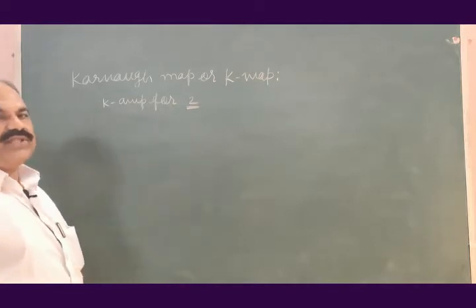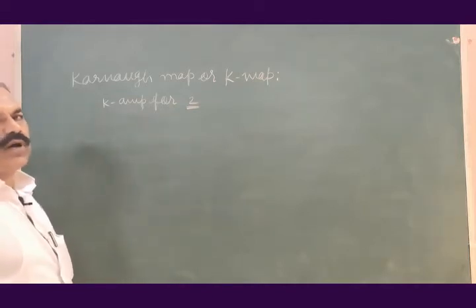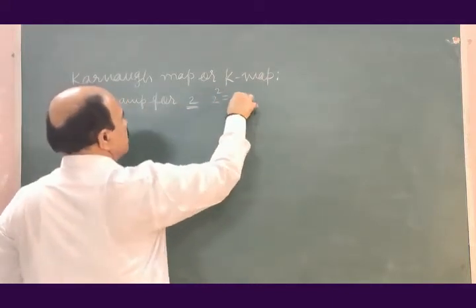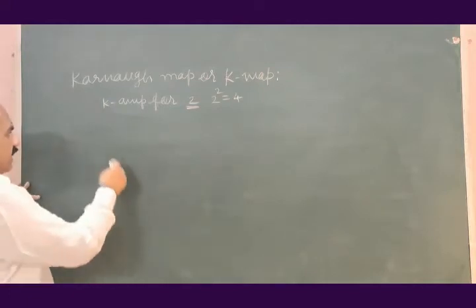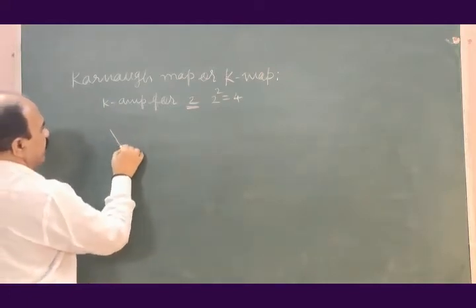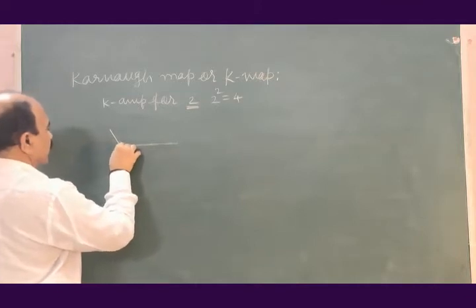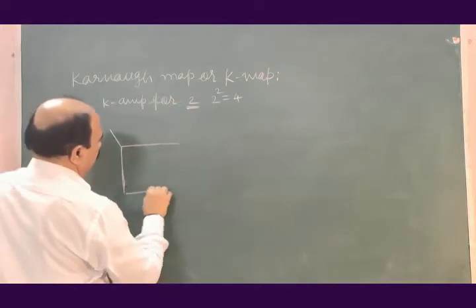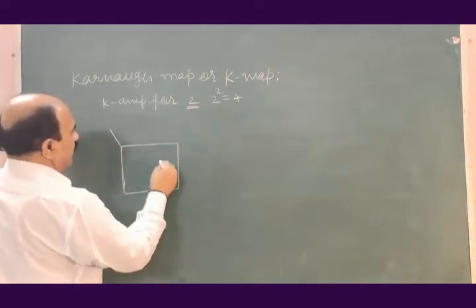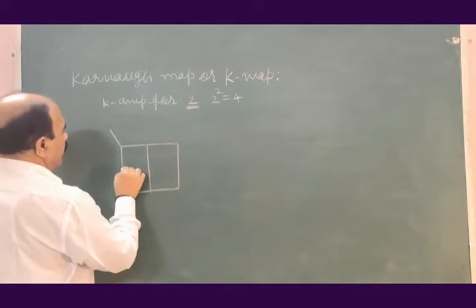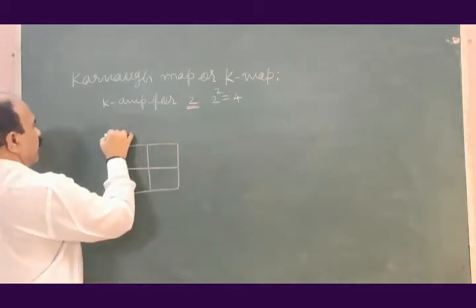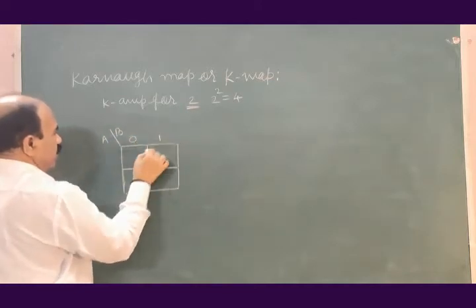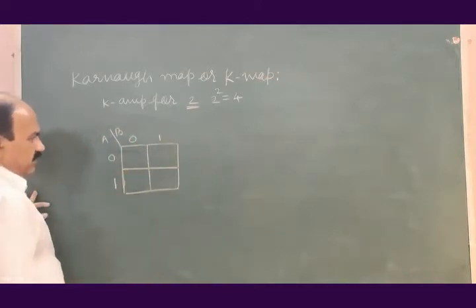When we have 2 variables, the number of cells on the K-map will be 2 to the power 2, that is equal to 4. And the K-map is drawn this way. A, B, 0, 1, 0, 1.